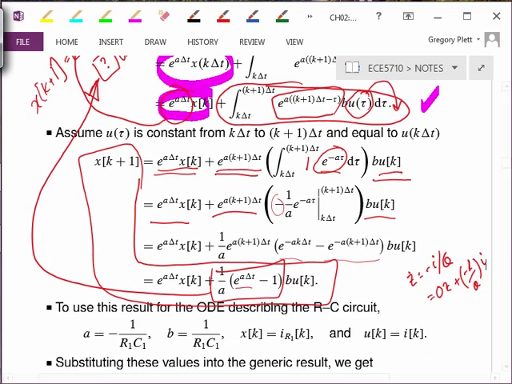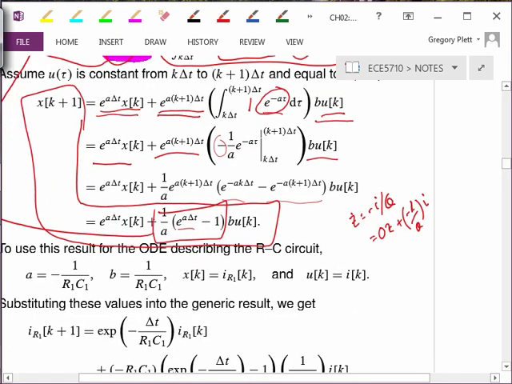So for the SOC equation, I can use this general approach, but what I want to use it on right now is the RC circuit. If we go back and look at the resistor capacitor circuit, what we have is that the derivative of I R1 with respect to time is equal to minus 1 over R1C1 times I R1, plus 1 over R1C1 times I applied of t.